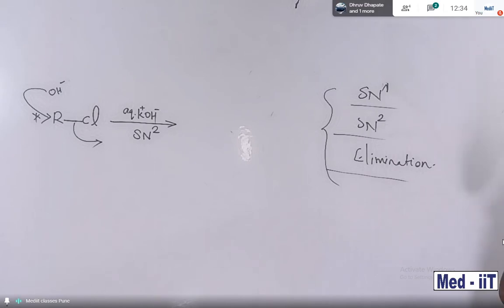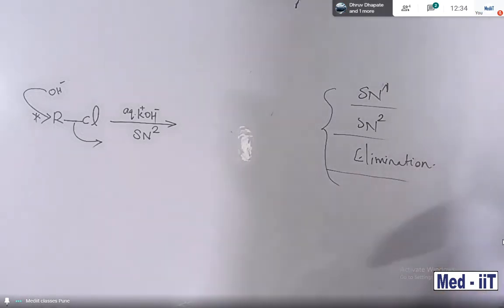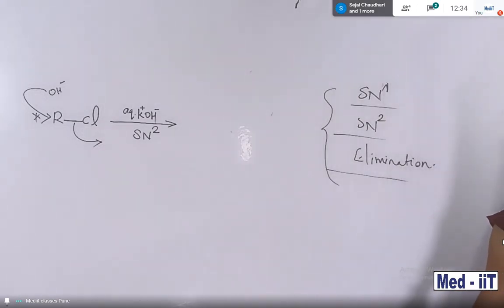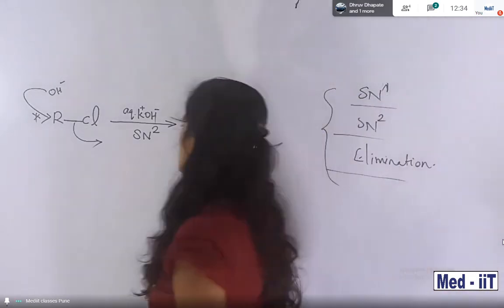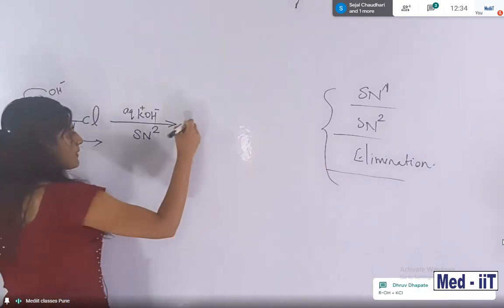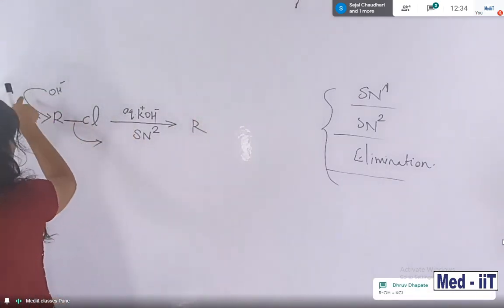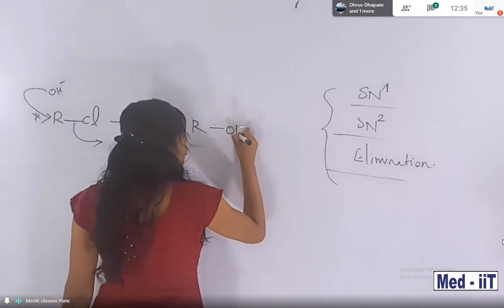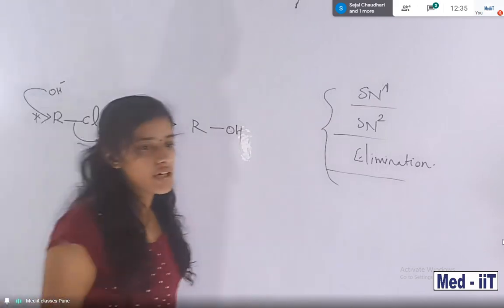Dhruv, and then Sejal, try. Very easy, but you have to tell me. Practice more, students, otherwise it becomes difficult. ROH comes, that time the Cl bond is removed, so the product becomes ROH.